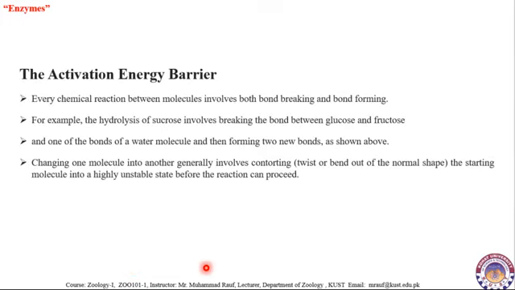So changing one molecule into another generally involves contorting. Now, what is contorting? It is to twist or bend the starting molecule out of the normal shape into a highly unstable state before the reaction can proceed.